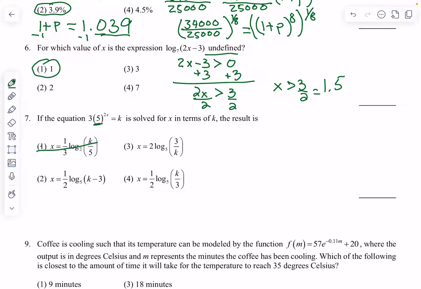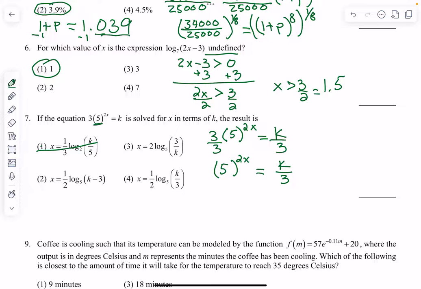Well, first thing we have to do is isolate the term with the exponent, right? So we have to get 5 to the 2x by itself. So we're going to divide by 3. I have 5 raised to the 2x is equal to k over 3.